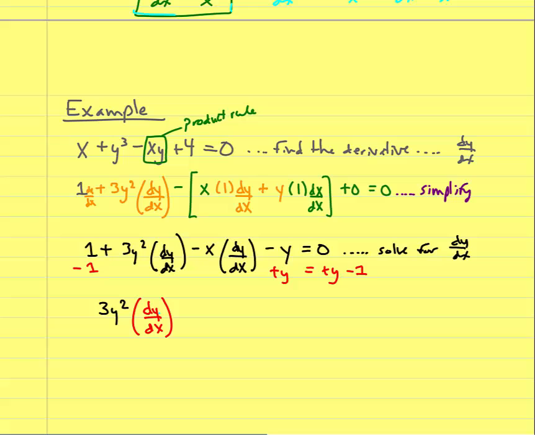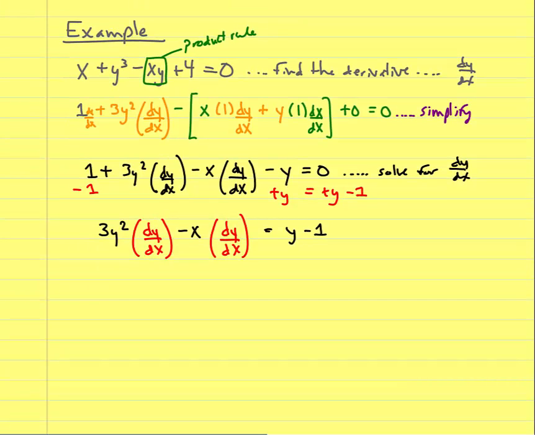And again, an alternate notation to this would be a y prime in place of dy dx. And then on the right hand side I had y minus 1. So if you notice on the left hand side I have a common factor, it looks like, of dy dx. So let's go ahead and pull out that common factor.